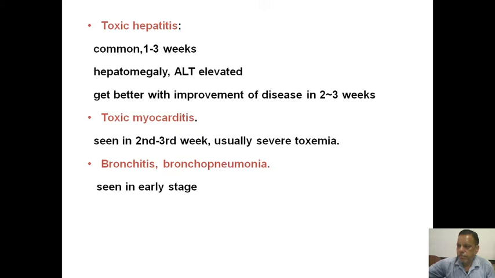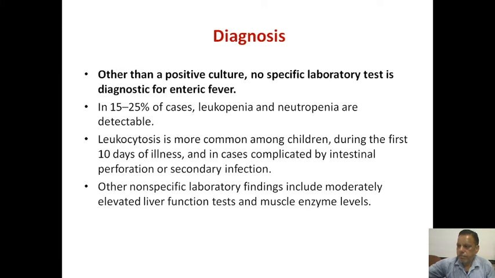Myocarditis is manifested by tachycardia, decreased blood pressure, and the patient would be severely ill. Bronchitis, bronchopneumonia, just like other forms of pneumonia, may be seen in the early stages, characterized by cough with or without expectoration, and on examination there will be crepitations or crackles during auscultation. So that was about the symptoms.